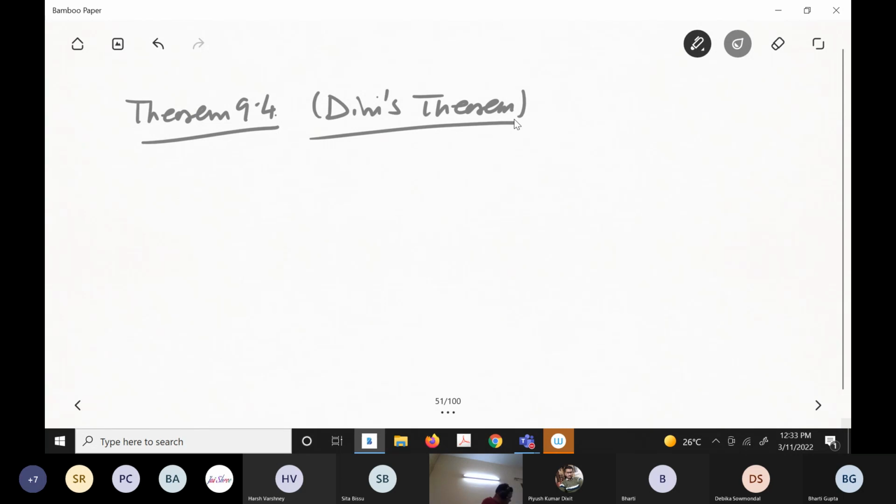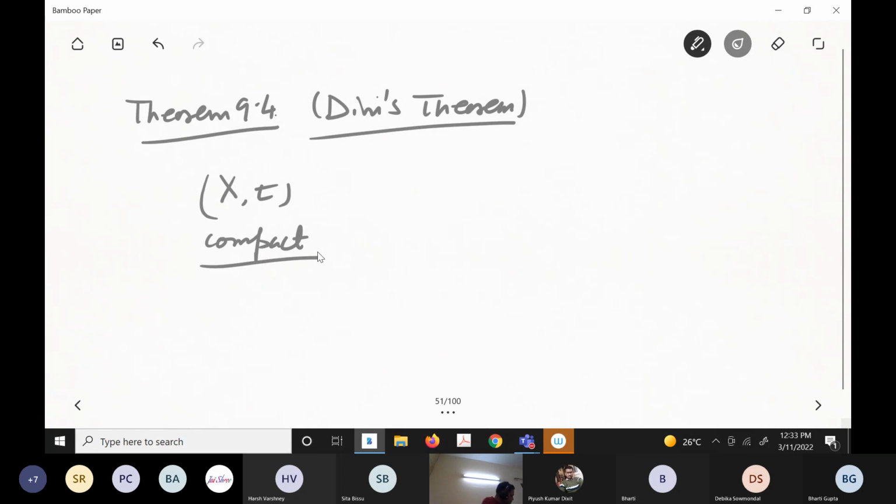So Dini's theorem is in that direction. Let's explain Dini's theorem first. He's saying (X, tau) is a compact space. So be careful about that compact. Right now I'm taking compact.